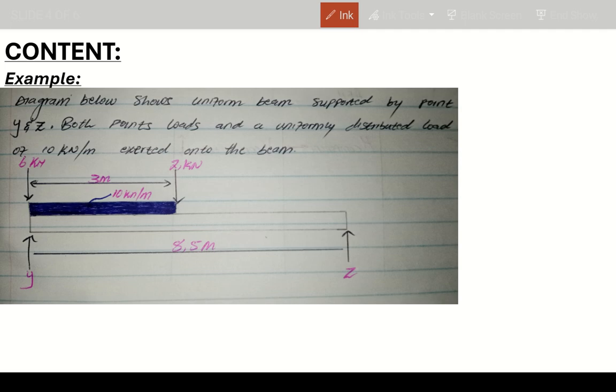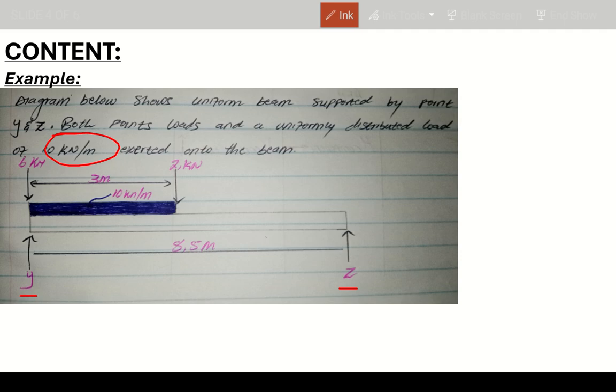And then here there is an example that says the diagram below shows a uniform beam supported at points Y and Z, about the point load and uniformly distributed load of 10 kilonewton per meter exerted on the beam.